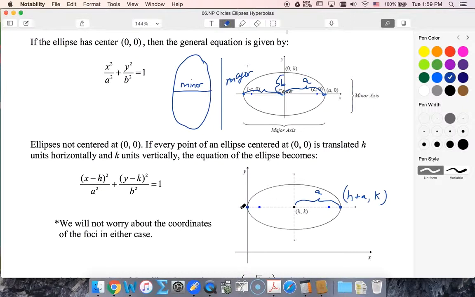That's not necessarily true. I would find this point by doing h minus a. My y value would stay the same. This distance is going to be b, so the x stays the same, and now I take k plus b. This point down here, h stays the same, k minus b to get to the bottom.